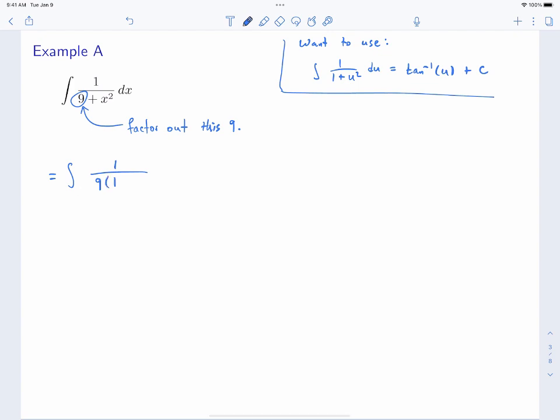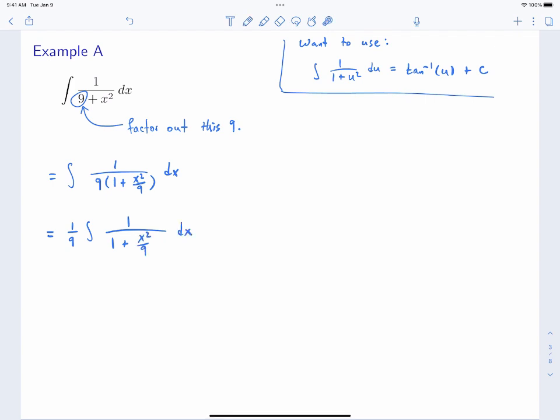So we'll have 1 plus, and now we'll be left with an x squared over 9 dx. The next thing we want to do is take this 9, or 1/9, out of the integral just to get it out of the way. So it's 1 over 9 times the integral of 1 over 1 plus x squared over 9 dx.